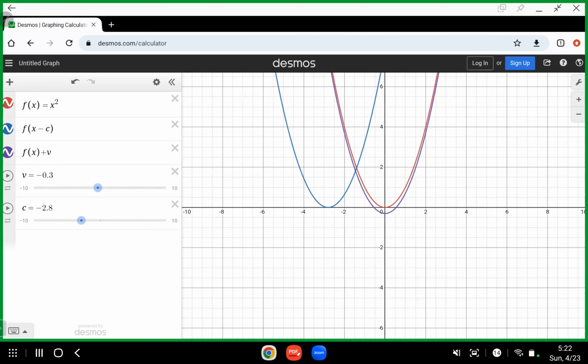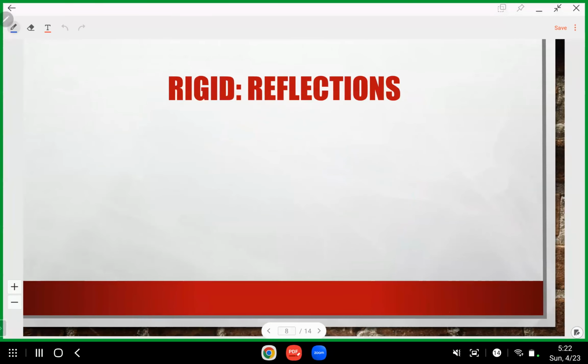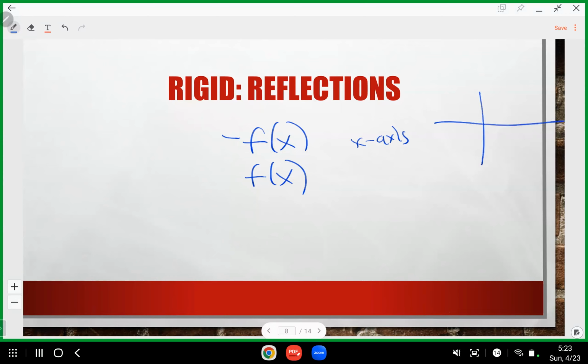Okay. So next, the reflections are also very intuitive. We have 2 types of reflections. Basically, when the negative sign is outside of the f, that is a reflection across the x-axis. It's basically reflected up and down. So you can have this turn into this.